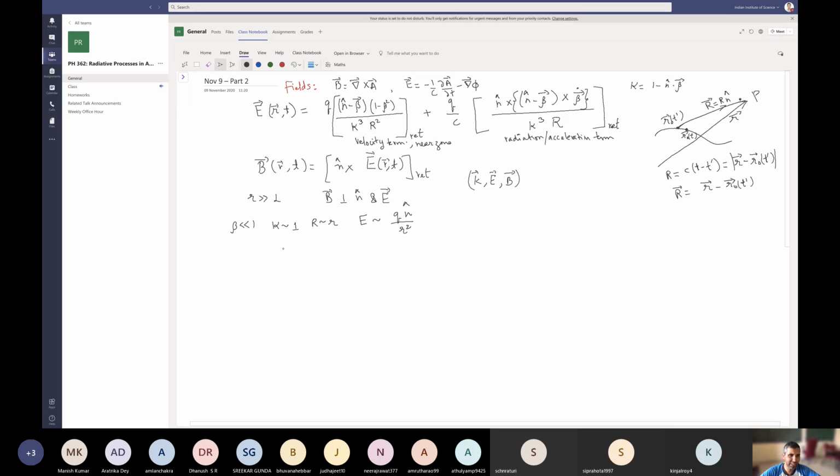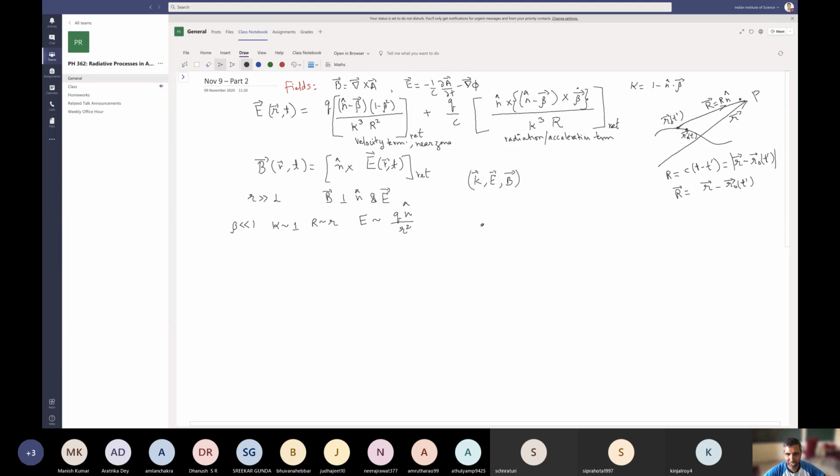Now, the interesting thing is that the velocity term gives an electric field which is along, let's see, just a sec. All right, so let's consider the velocity term a little bit more.